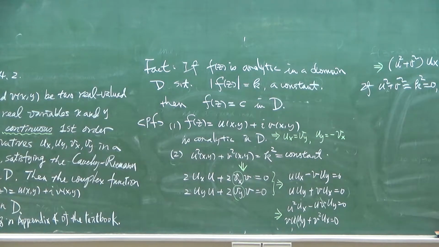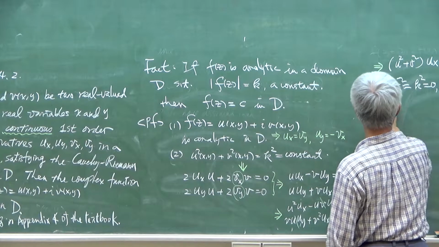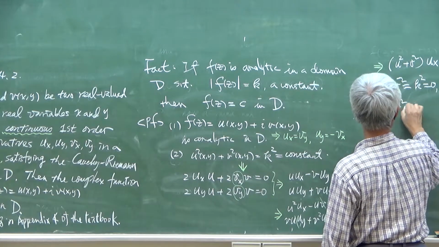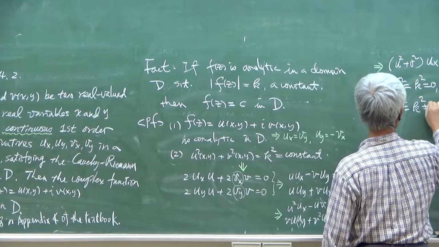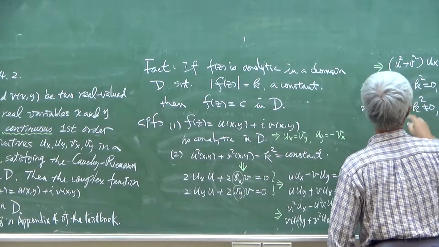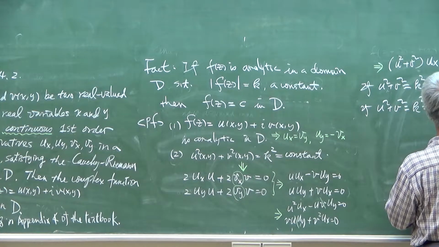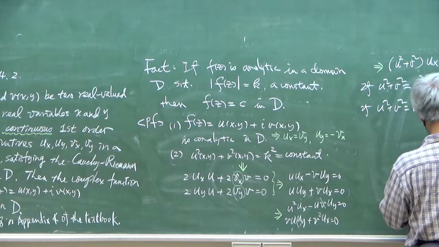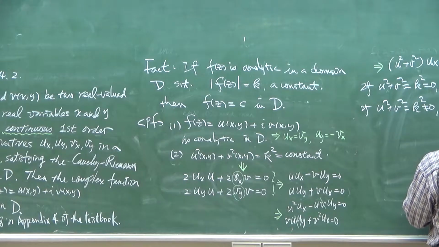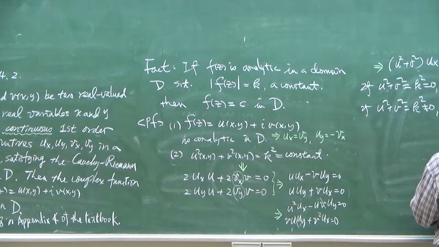This is one choice, so f is a constant. If u squared plus v squared equals k squared not equal to 0, then we have ux equal to 0, and similarly uy is equal to 0.